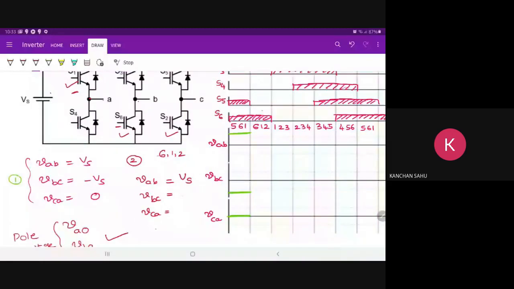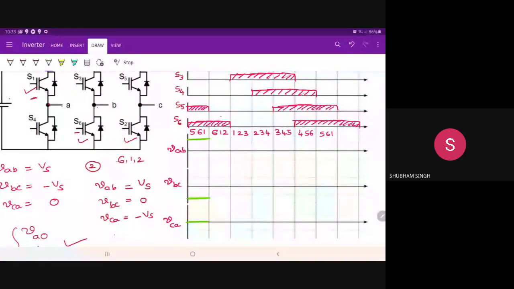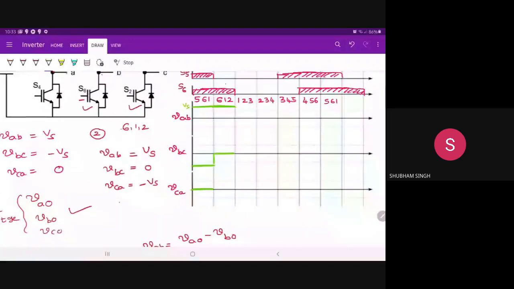So here it is 0, and VCA is minus VS. I will draw here: VAB remains the same as plus VS, VBC is 0, and VCA is negative. Is it clear?